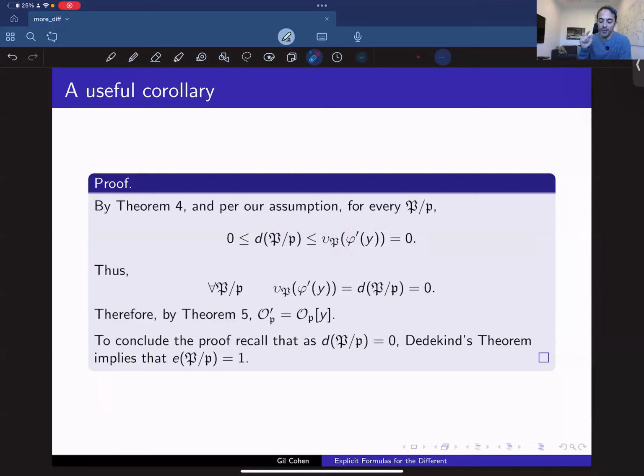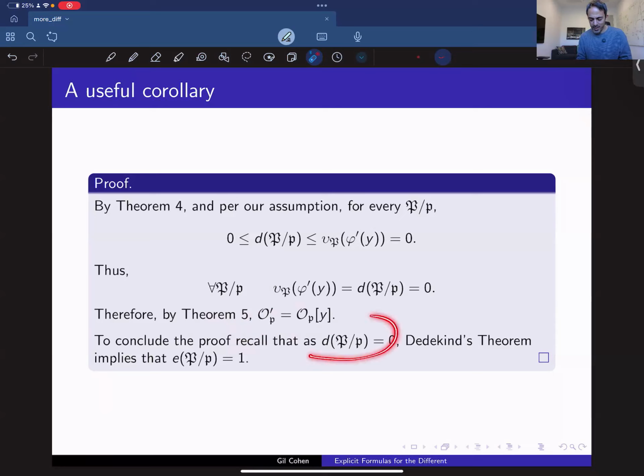And therefore, by theorem 5, which told you that if you have equalities all the time, then that's if and only if this is a local integral basis. Good, so now theorem 5 is used in the unorthodox direction in order to prove that some basis is local integral.